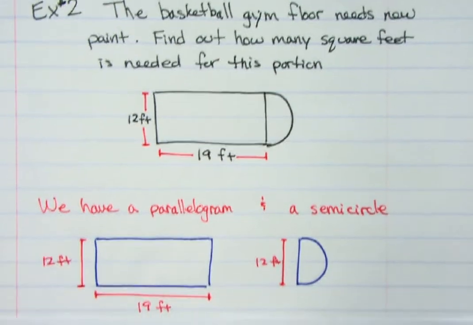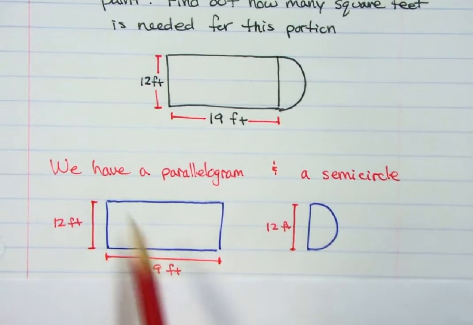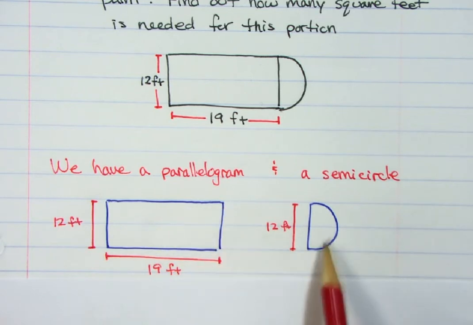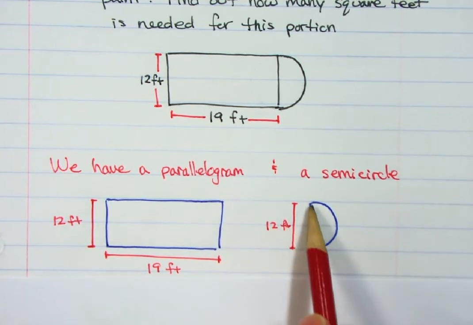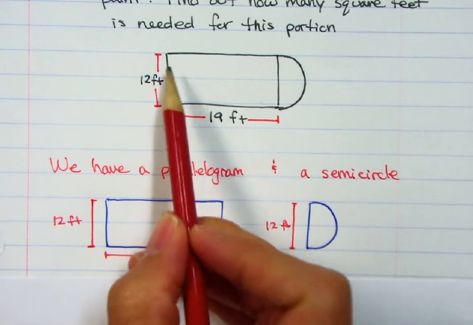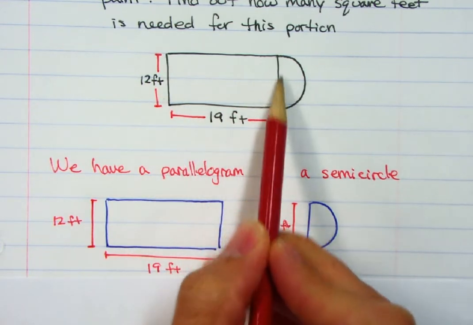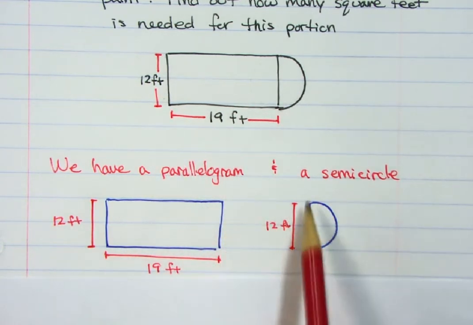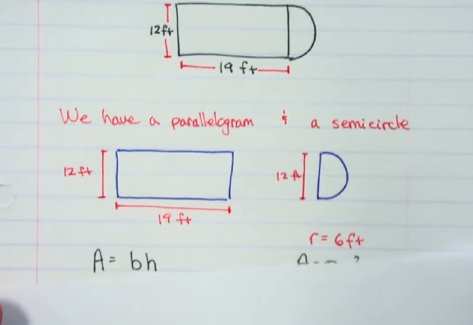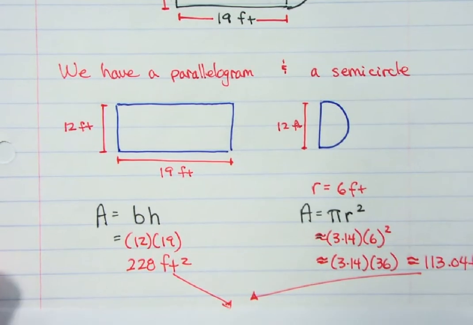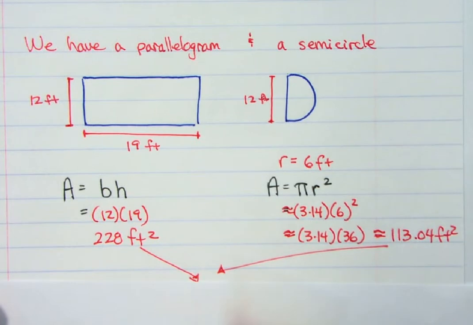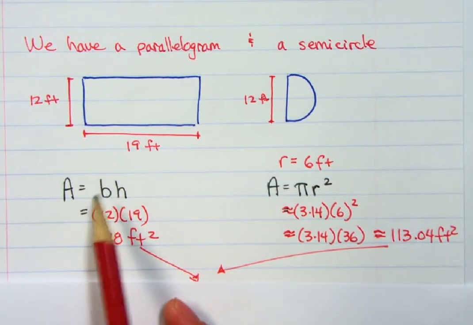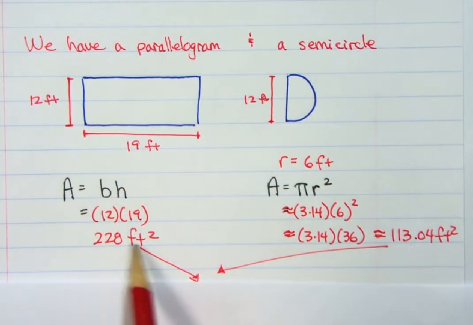So here's what we do. We're going to split up those shapes. I have a parallelogram here, and I have a semicircle here. The semicircle, I know its diameter. I knew that from here to here across, which is the same over here, is 12 feet. So that's what I drew over here. So let's go and figure out both. I wrote both of them for you here. The area of this parallelogram is just base times height, so that's 228 feet squared.